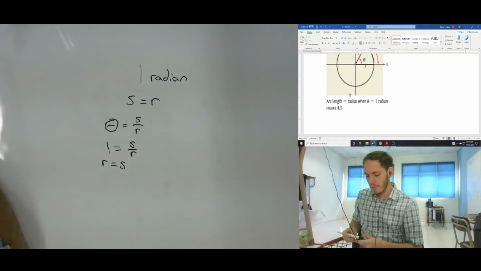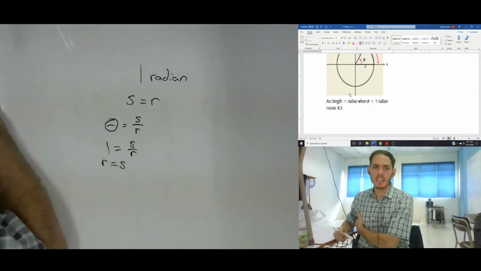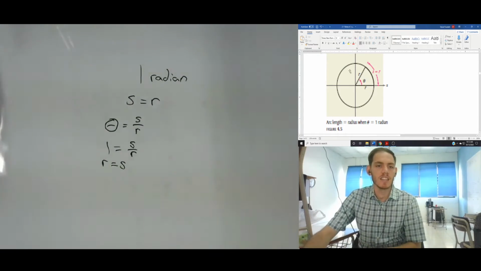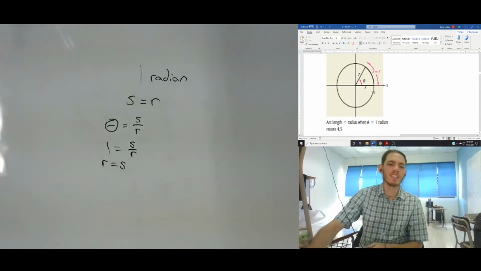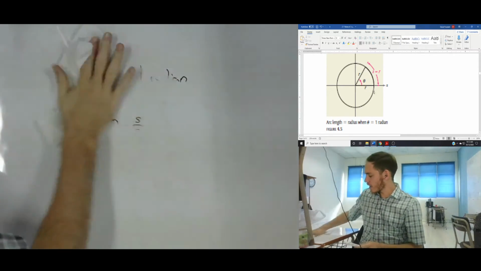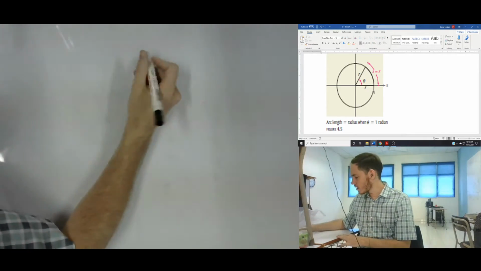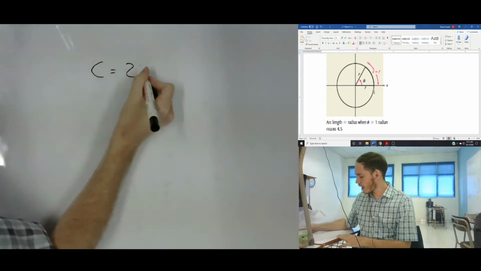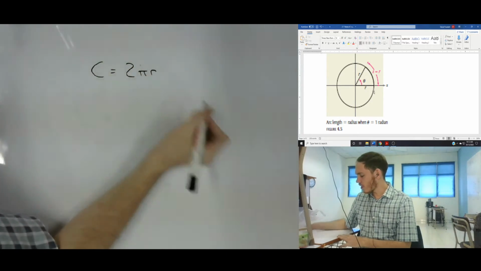So, how many radians are there in a circle? If we were to rotate the radius around, well, what's our formula for circumference? Circumference, or C, equals 2 pi r.